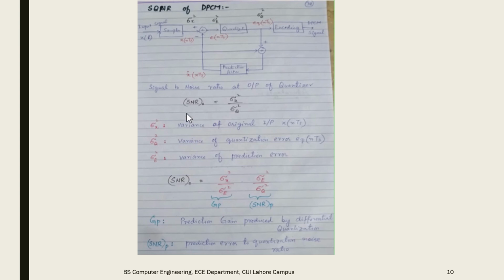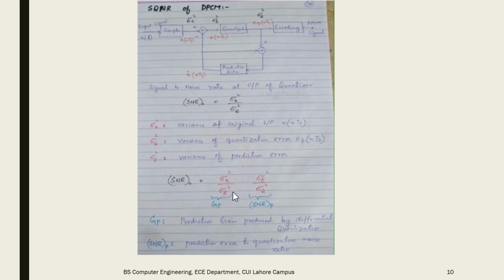Therefore SNR is defined as sigma x square over sigma q square, where sigma x square is the variance of the original input X of nTs, and sigma q square is the variance of the quantization error Q of nTs. We can rearrange this expression and write SNR as sigma x square over sigma e square times sigma e square over sigma q square.